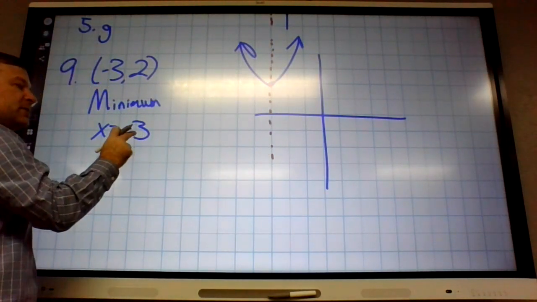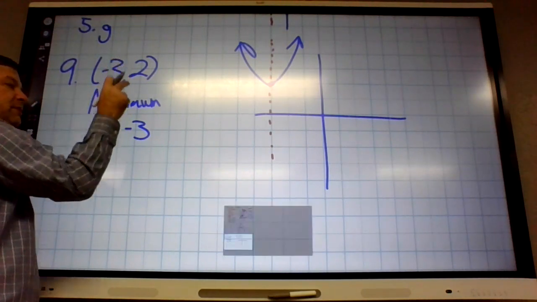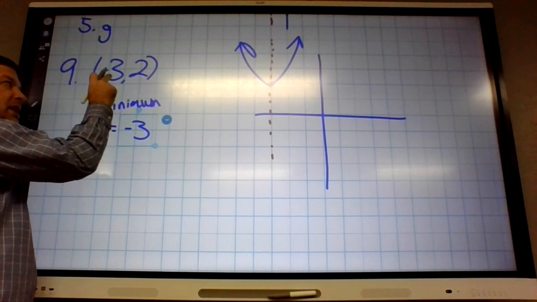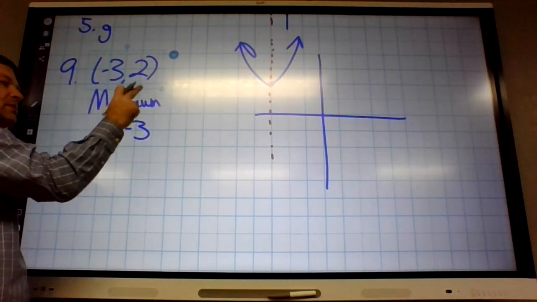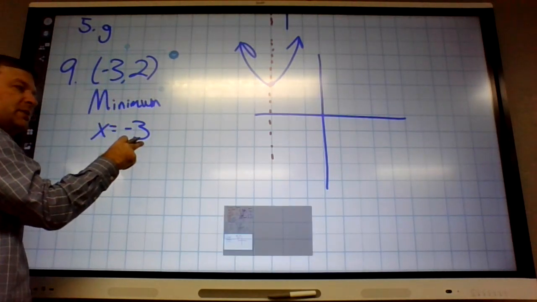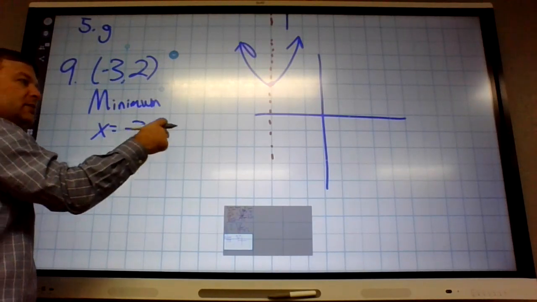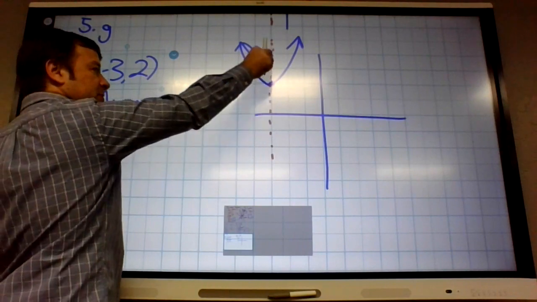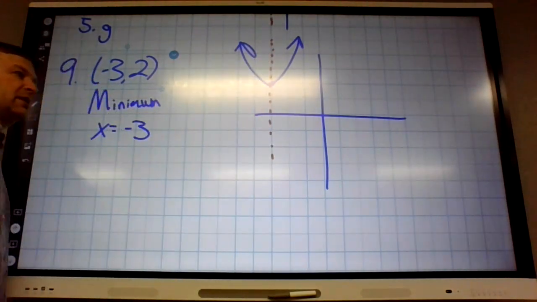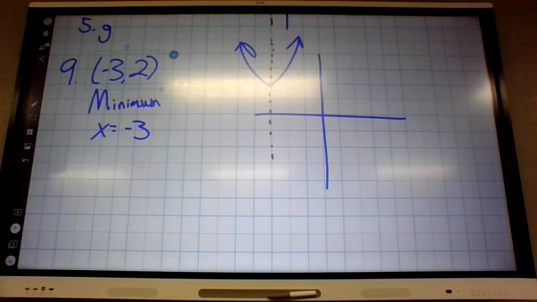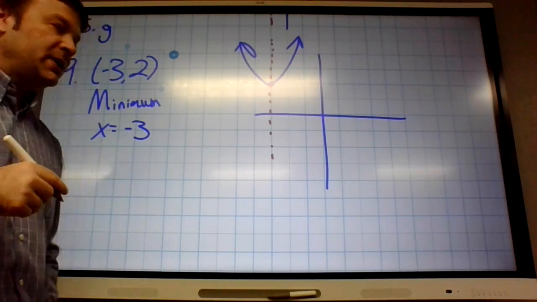Okay, there's a relationship here. What's the relationship between the vertex and the axis of symmetry? The x coordinate of the vertex is basically what x is going to equal on the axis of symmetry. Okay, because they both describe the x values on that line, -3. Fourth question was domain, I believe. What's the domain?